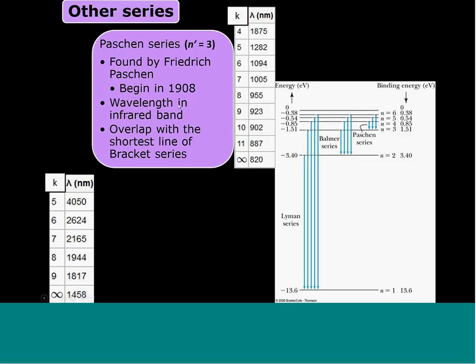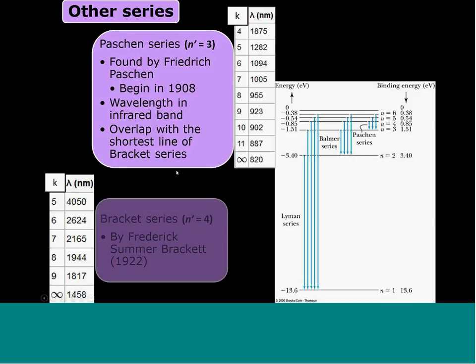When in the infrared band, it overlaps the shortest line of the Brackett series, n equal to 3, 4, 5, 6, itulah. Series n equal to 4, this one by Brackett. Okay, dan 5.